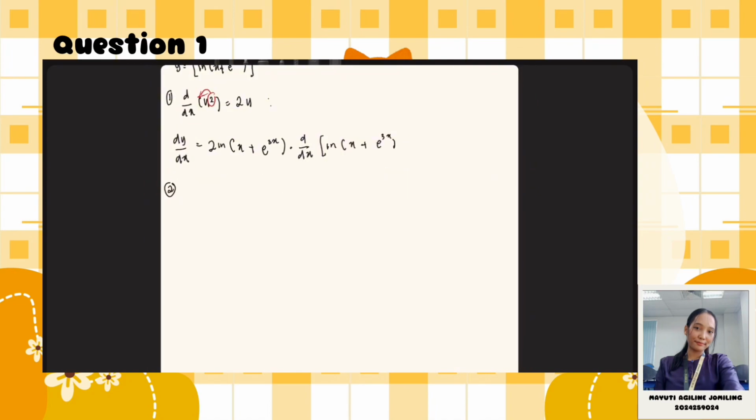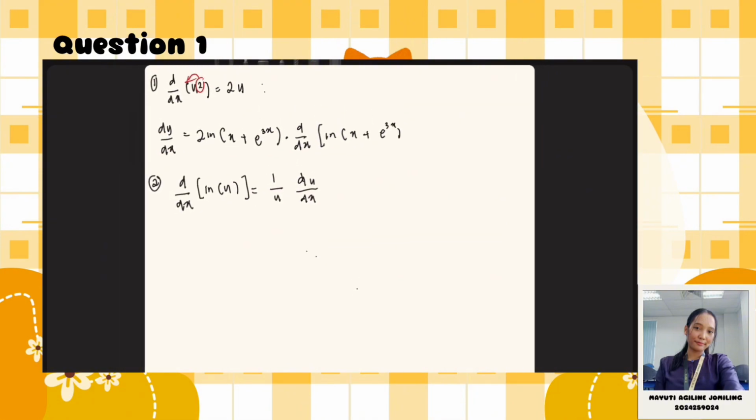Here I use the formula d over dx of ln u equals 1 over u times du over dx. Here, u equals x plus e to the power of 3x.